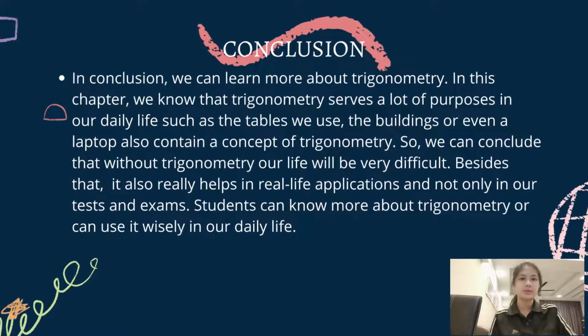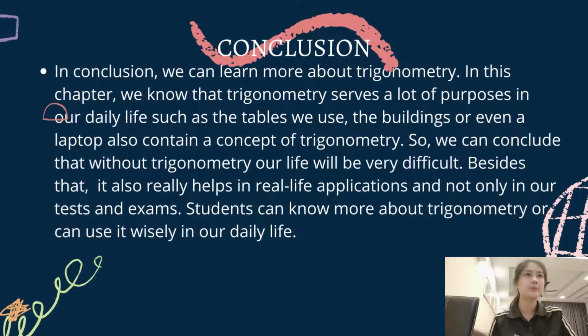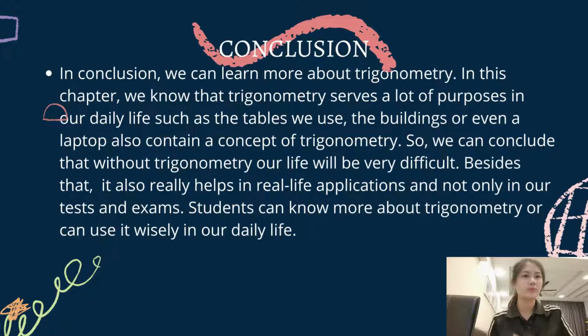In conclusion, in this chapter we can learn more about trigonometry and we can see a lot of purposes of trigo in our daily life, such as tables, chairs, laptops, or even a building also maintains a concept of trigo.